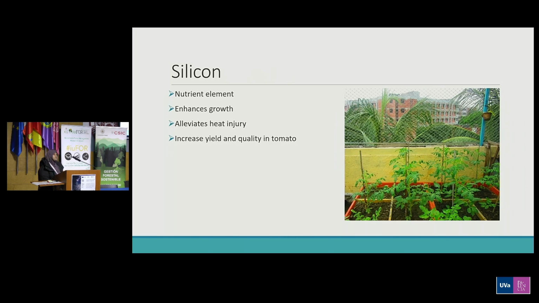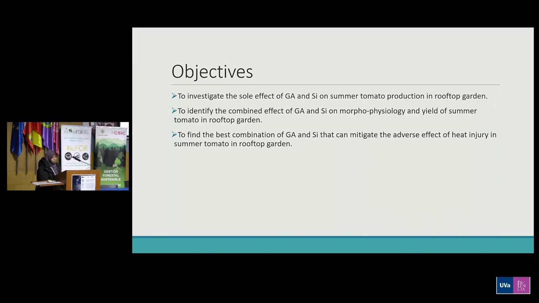Another element that I used in my experiment was silicon, which is a nutrient element for plants, and it enhances growth during abiotic stresses like heat, and it also increases the yield and quality of summer tomato.